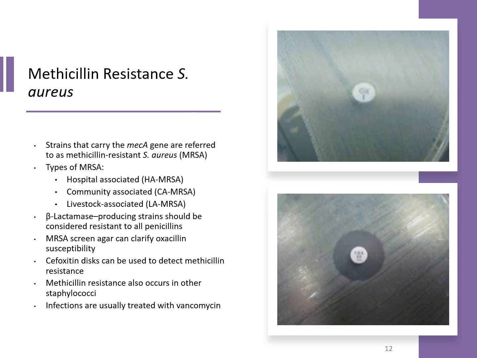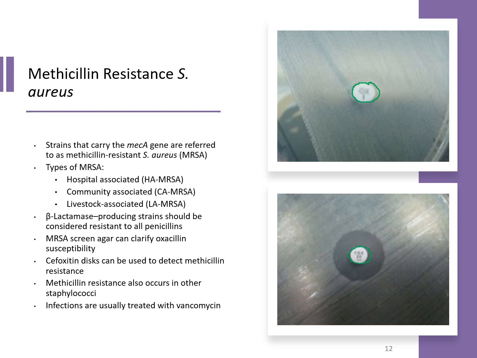If you're checking for methicillin resistance, there are a couple of different test methods that are used. Using the disc similar to the last couple of tests, you can use the oxacillin disc to check for that methicillin resistance. So you can see that disc here up top. Or you can also use the cefoxitin disc here at the bottom.